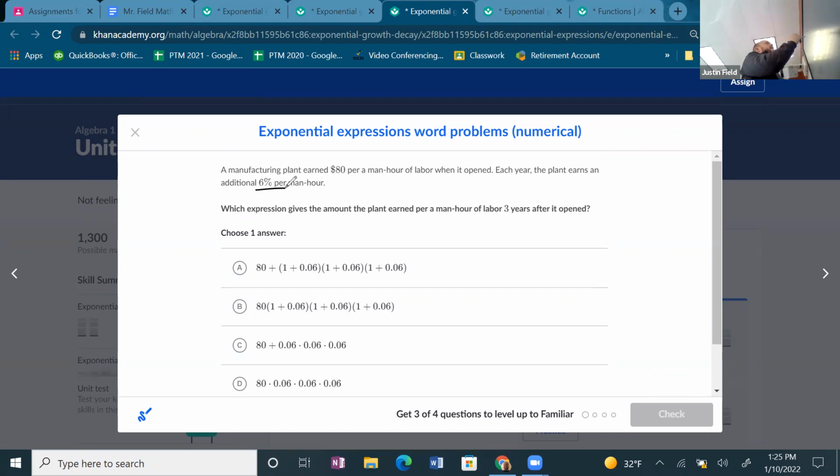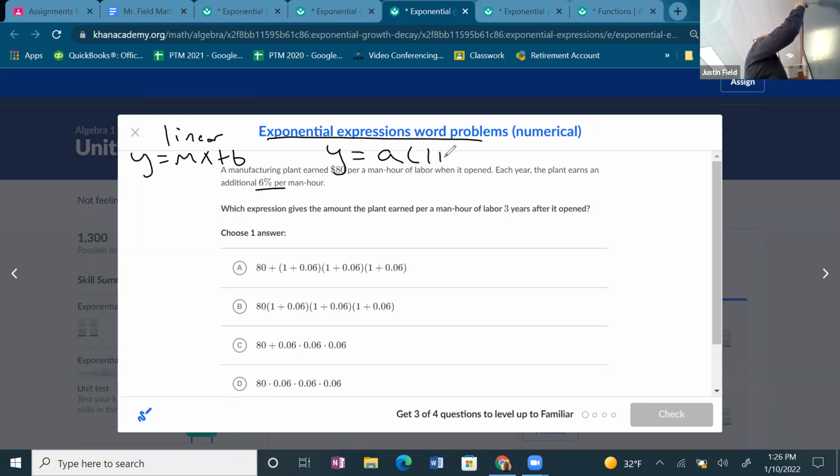So exponential expressions have basic equations just like linear ones do. We know that linear is y equals mx plus b, right? Okay, well, exponential is y equals a times 1 plus r to the t, something like that.